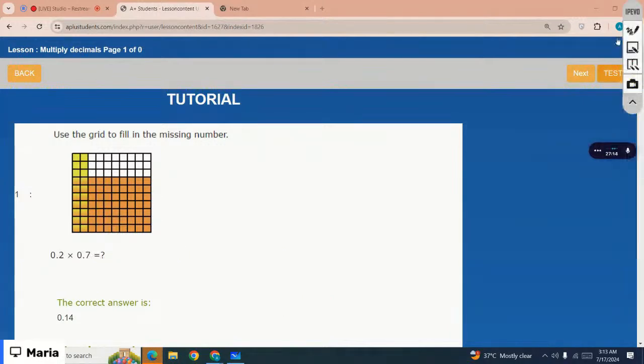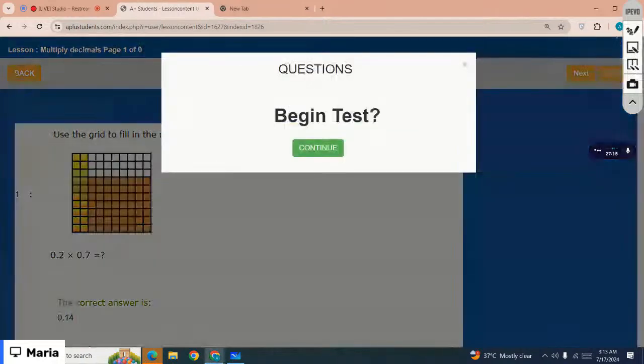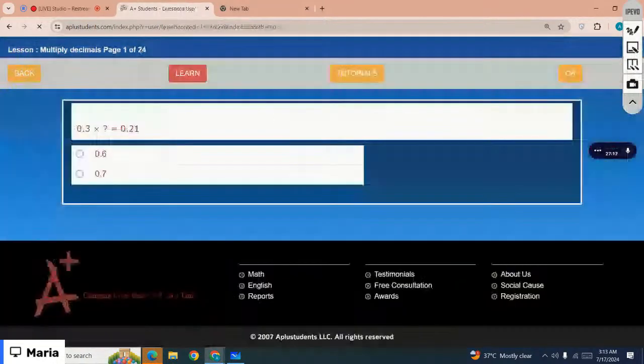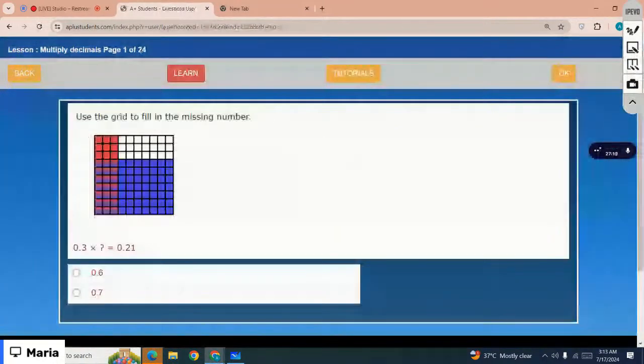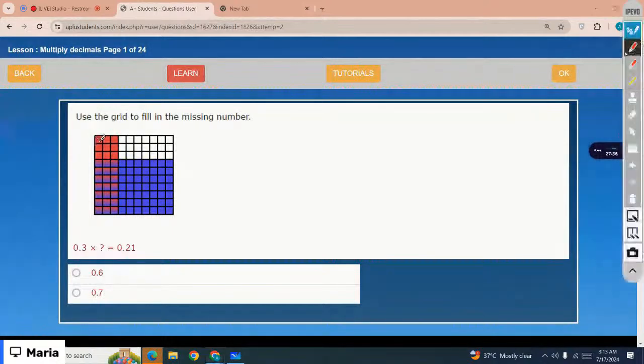Let's just start with the test questions. That is, use the grid to fill in the missing number. 0.3 times the missing number. You have to find the missing number. So let's just see how we find these 3 lines.